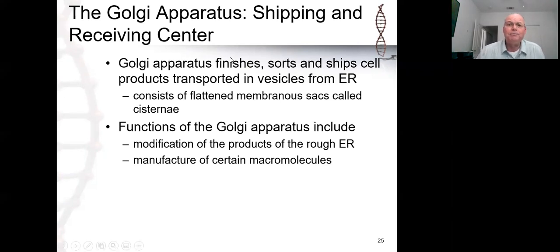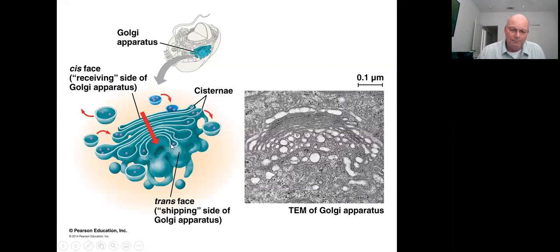That would be the Golgi apparatus. The Golgi apparatus looks a little bit like the endoplasmic reticulum in that it is folded sheets of membrane. You can see an electron microscope image of a Golgi apparatus, or Golgi body is another name for it. Why is it called Golgi? Because an Italian anatomist was the first person to describe this, and his name was Golgi.